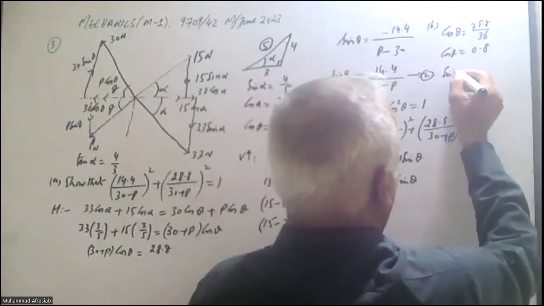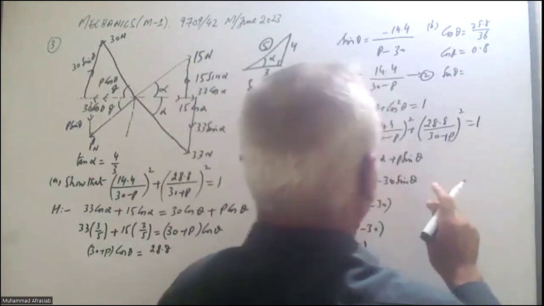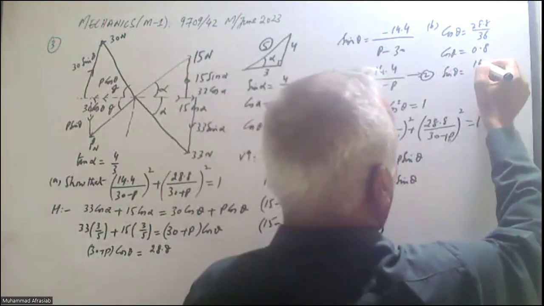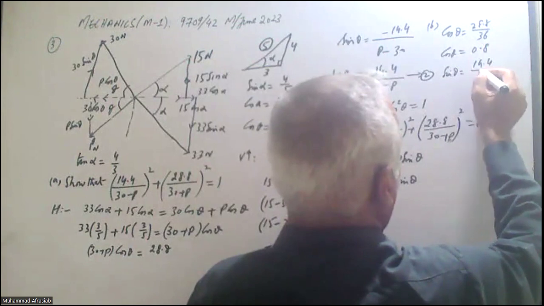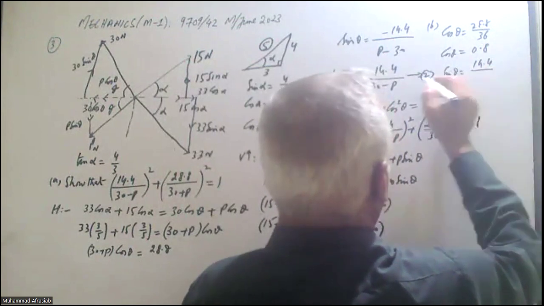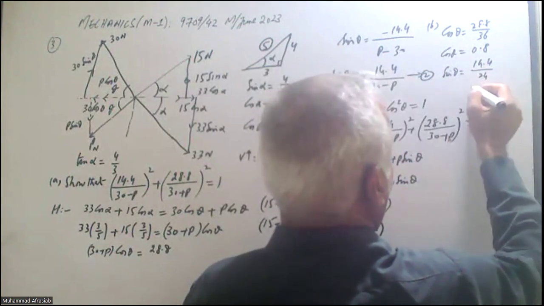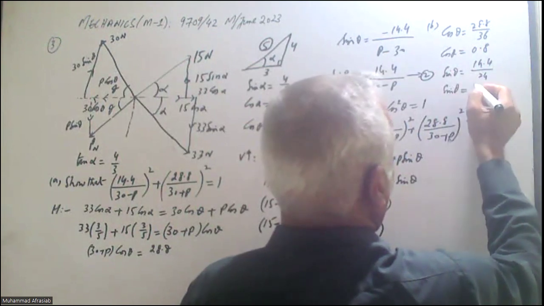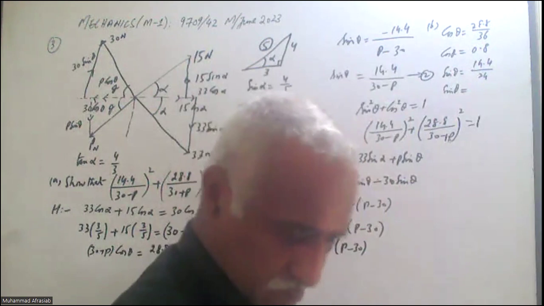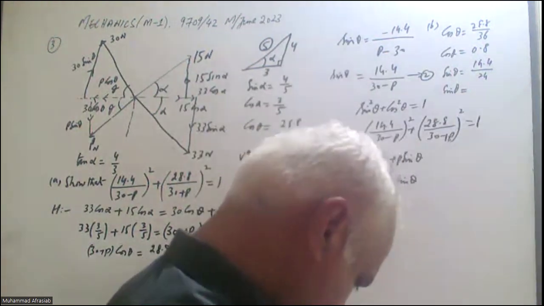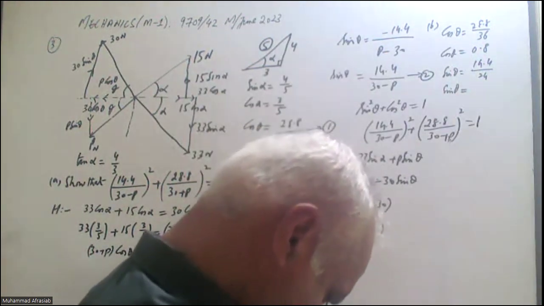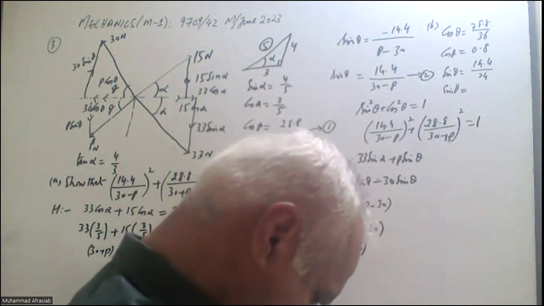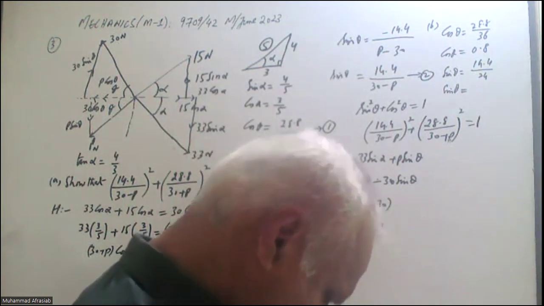Sine of theta is basically equal to 14.4 over 30 minus 6, that is 24, and that value is equal to 0.6.